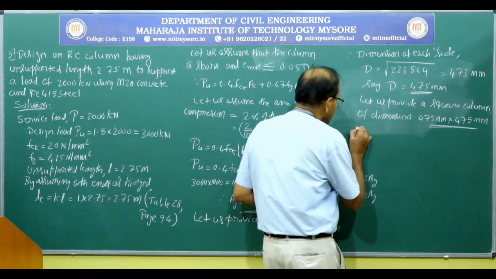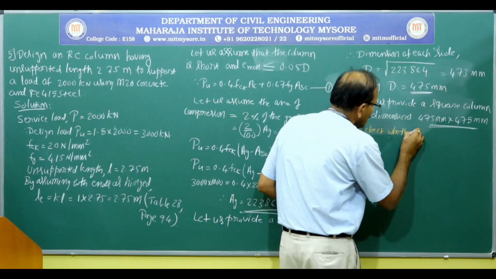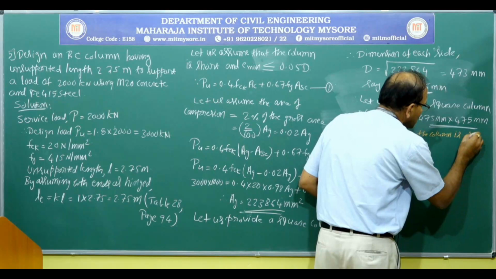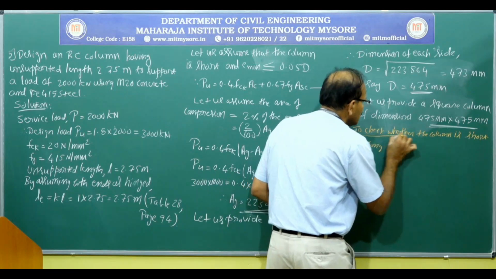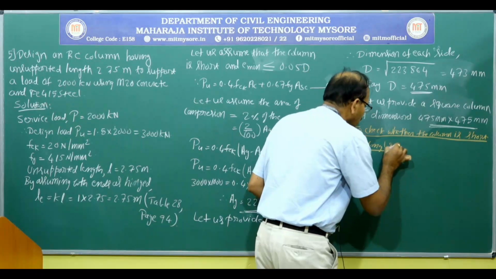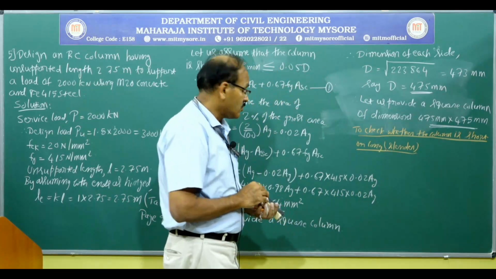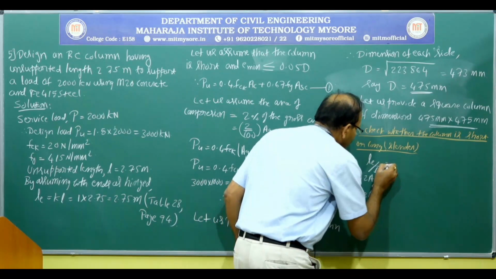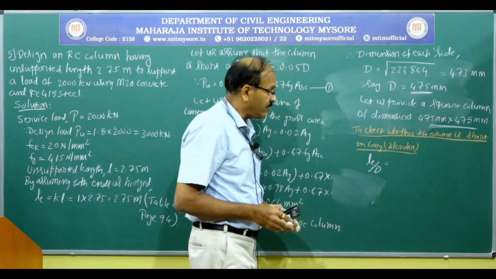So to check whether the column is short or long, or in other words, another name for long is slender. So here what is the effective length? LE by D, because it is a square column, so in both ways it is the same dimension.